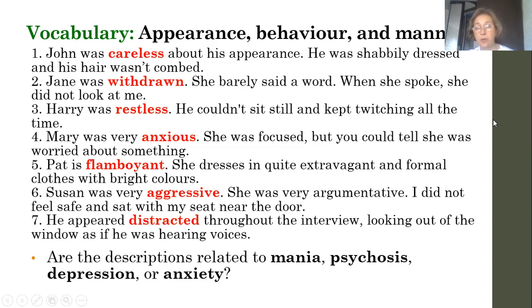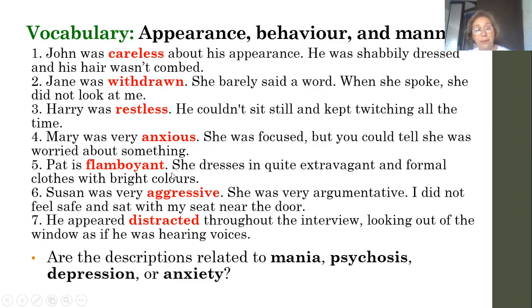So these are the signs of depression. Okay, what about case number 3? Harry was restless. What kind of disorder is it? The same as number 4. Anxiety, exactly. Just moving, unable to focus. So cases 3 and 4 describe anxiety.